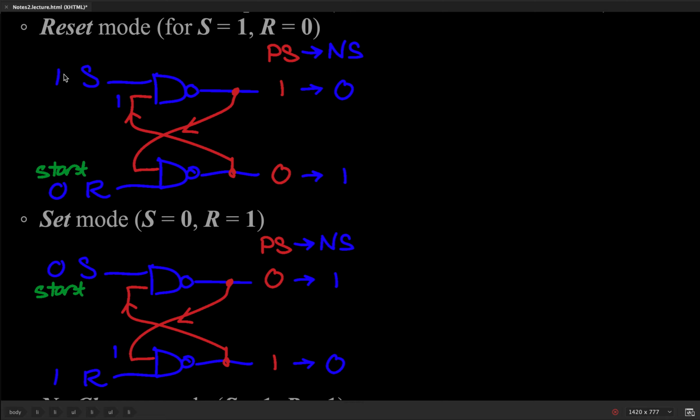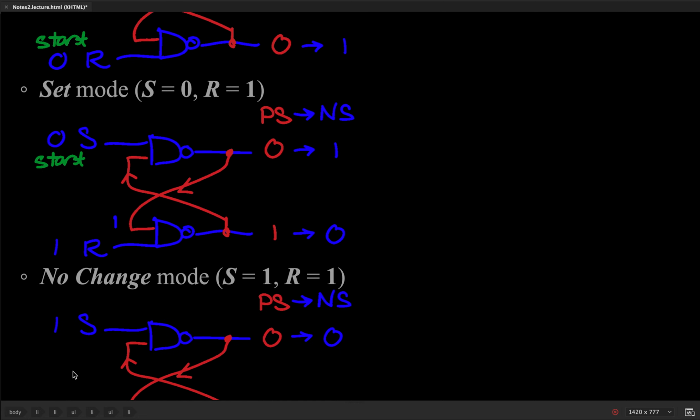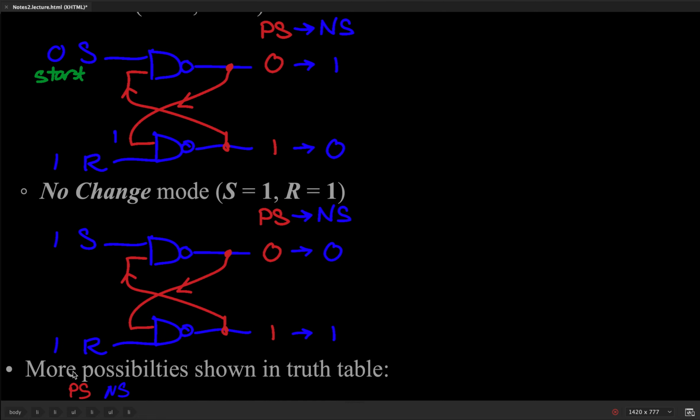Now, notice the inputs are here 1, 0 and 0, 1. What happens if they're 1, 1? In this particular case, there is no way that the present state can be altered to perform anything different except repeating itself for the next state.